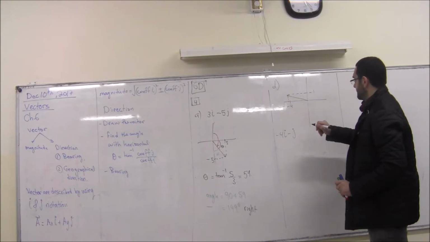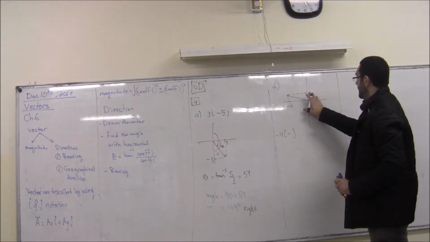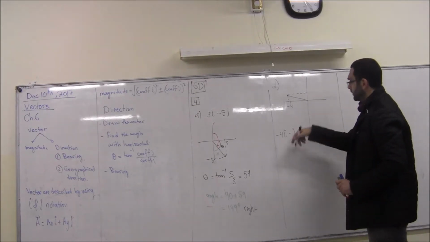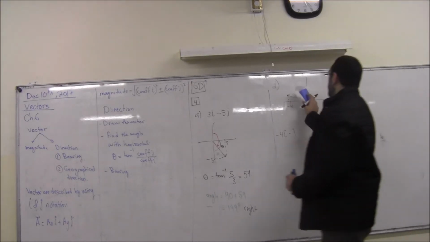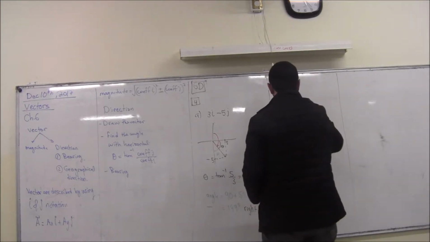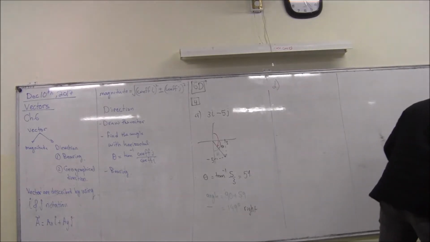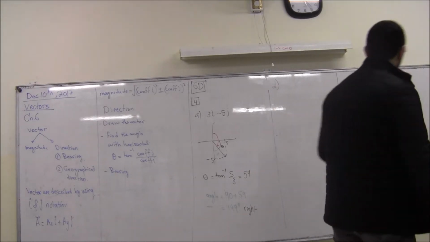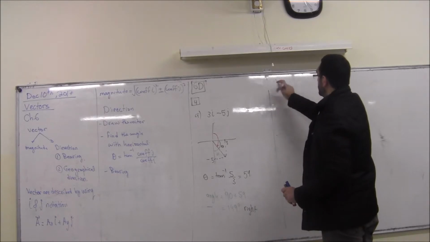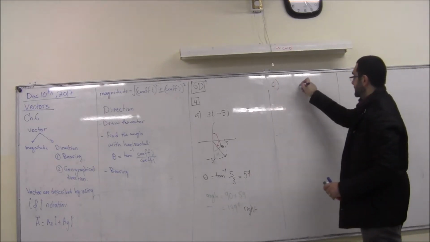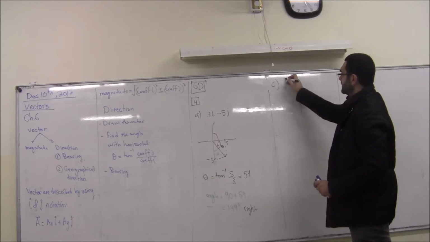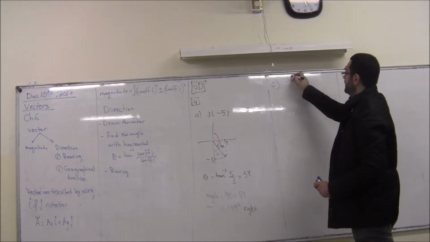No matter. There is also C: negative 3i plus 5j. Let's do C first, in order to distinguish between A and C. Look here, guys, C is negative 3i plus 5j.